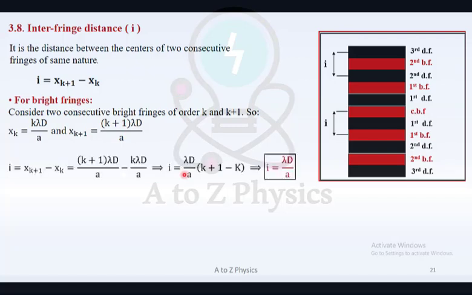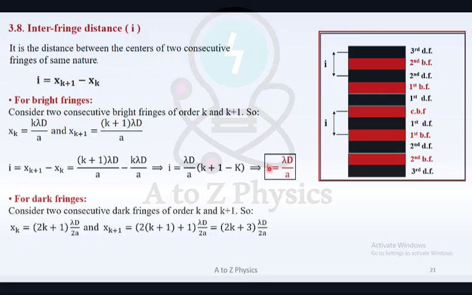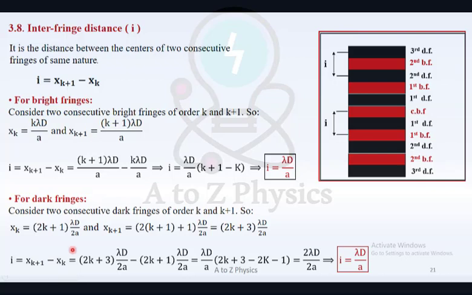By substituting, we get i equal lambda D over a. Similarly, for a dark fringe, i equal x(k plus 1) minus xk, and by substituting we get i equal lambda D over a.